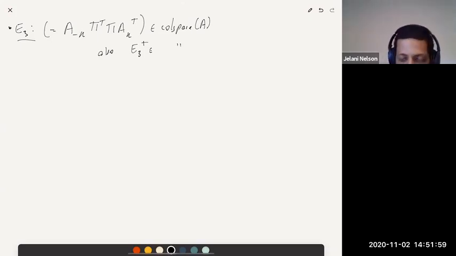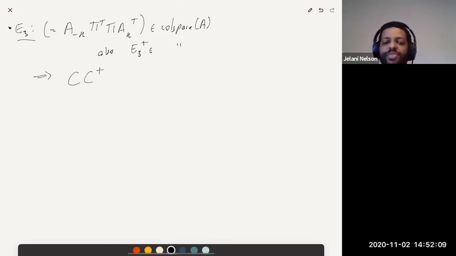So in particular, this implies that if you look at CC pseudo inverse, right? Any matrix, if you take AA pseudo inverse, we talked about this before when we defined pseudo inverse. AA pseudo inverse is the projection onto the column space of A. So CC pseudo inverse is the projection onto the column space of C, but C is just AA transpose.